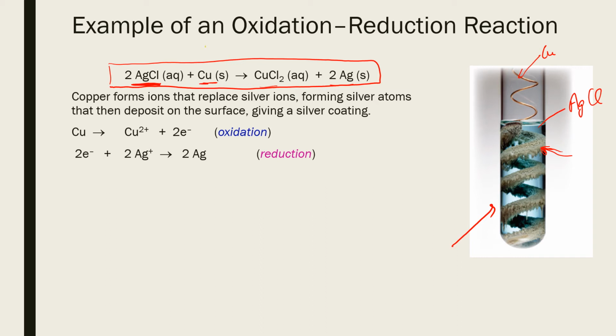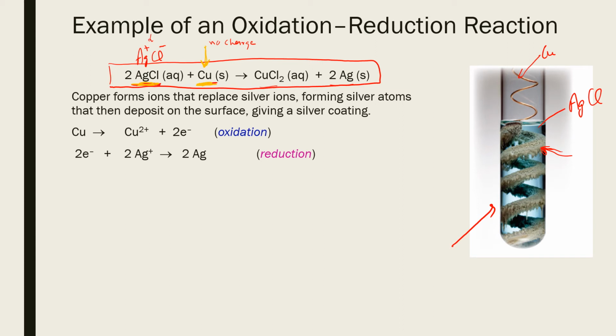So if we look carefully here, in this case copper is a neutral metal. It does not have any charge on the reactant side. However, in silver chloride, as we understand from the ionic compound formula, silver is actually present as Ag positive and chloride is Cl negative. So copper has no charge on the reactant side and silver has a +1 charge.